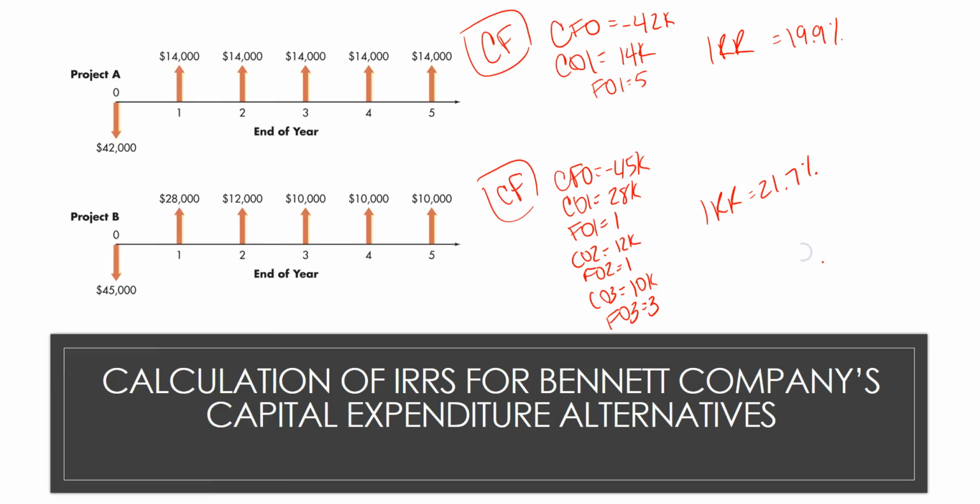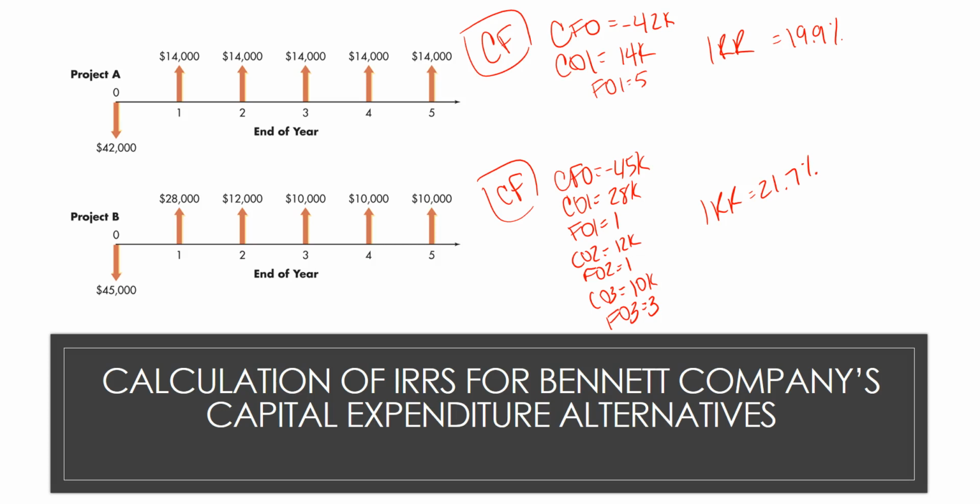So according to internal rate of return, project B is better than A because it has a higher internal rate of return. Now, internal rate of return has a little bit of problems with it. When we're ranking projects, we always go with the ranking that is given by the net present value approach.